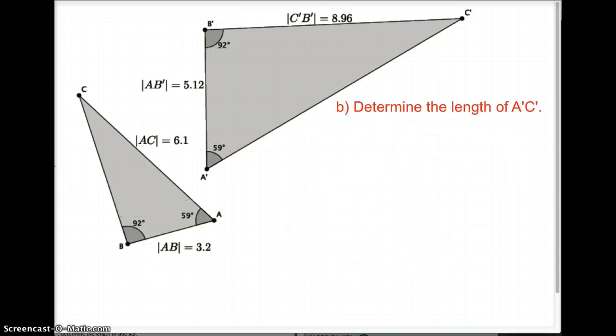says determine the length of AC prime, which was right there. So in order to determine the length, I have to know the scale factor first. So remember, we take where we ended and divide by where we started. So I've got to pick 2 sides that I know where I ended and where I started. So I'll just look at A prime, B prime right here.